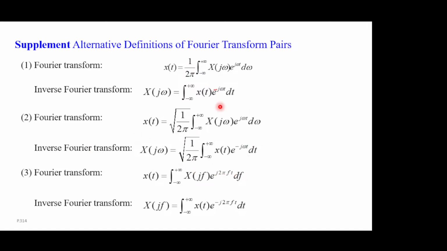So that looks very symmetric: you have 1 over square root of 2 pi on both of them. Or sometimes you may not see any of them in the front. You can change your normalization or the unit on your frequency. So instead of omega, you have 2 pi f here, 2 pi f here. Then you won't have 2 pi.